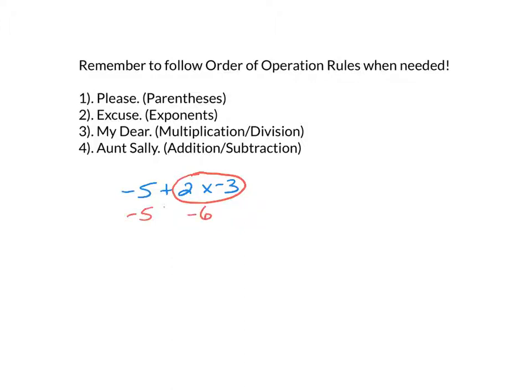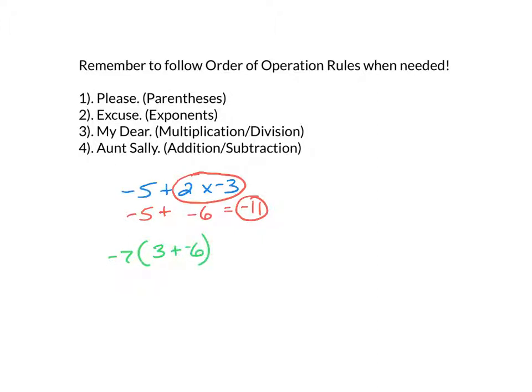And I have negative 5 plus a negative 6. I'm adding 2 negative numbers together, so the sign stays the same, and I end up with a final answer of negative 11.